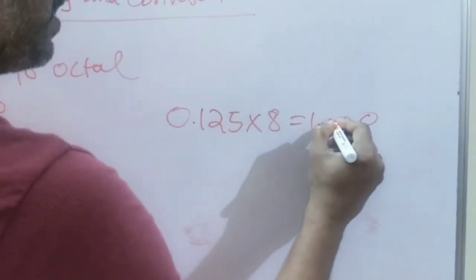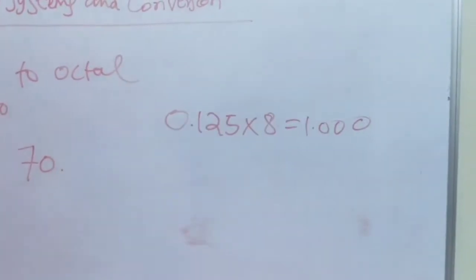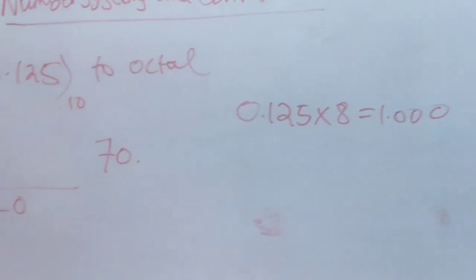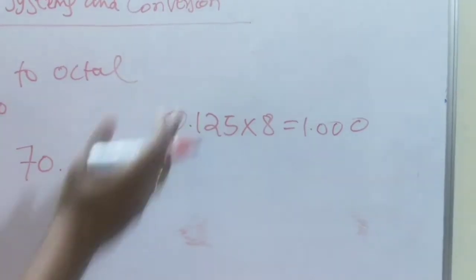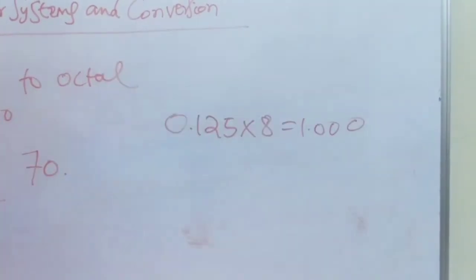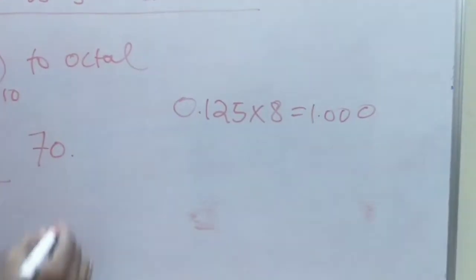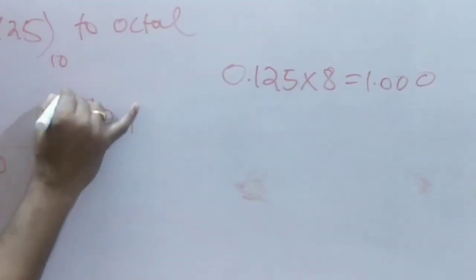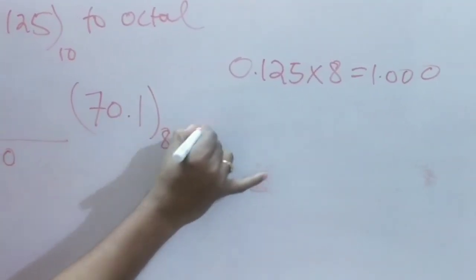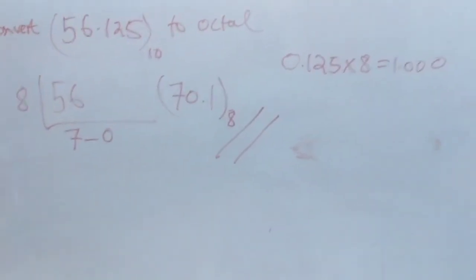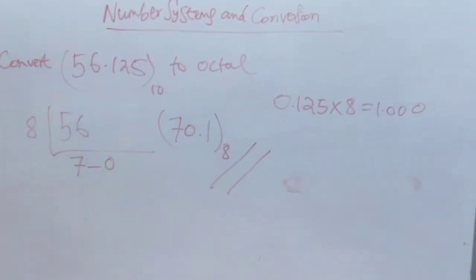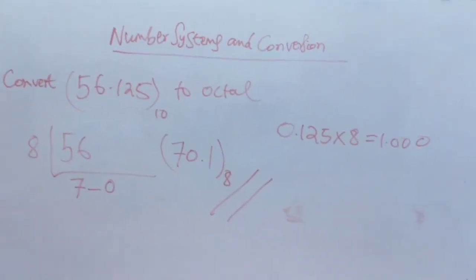So that is 1.000. We have got the whole number in the first step itself. So what is that? 1. So the answer is 70.1 base 8, for decimal to octal.